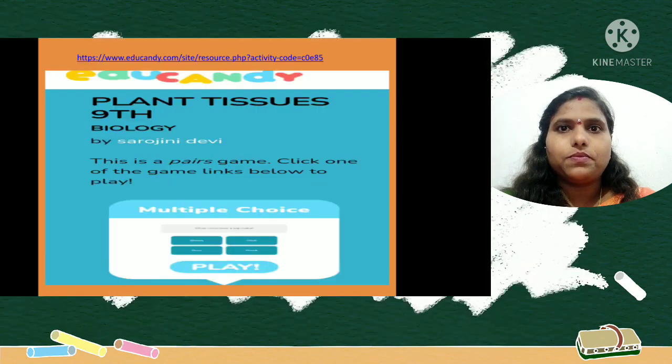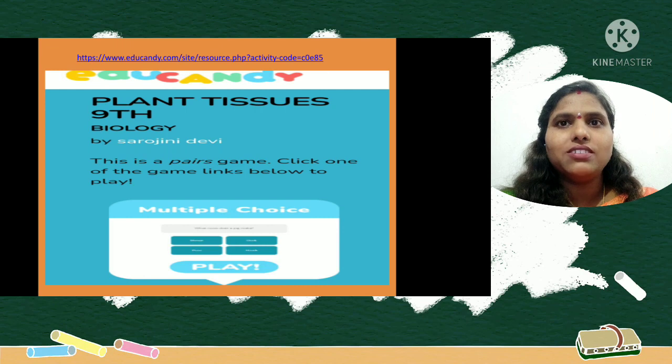The next link is for multiple choice questions, where you pick the right answer. Play after understanding this concept; it is very helpful to you. Please complete this assignment well. You can open these links easily on your mobile phones, and then you can attempt them with good confidence.